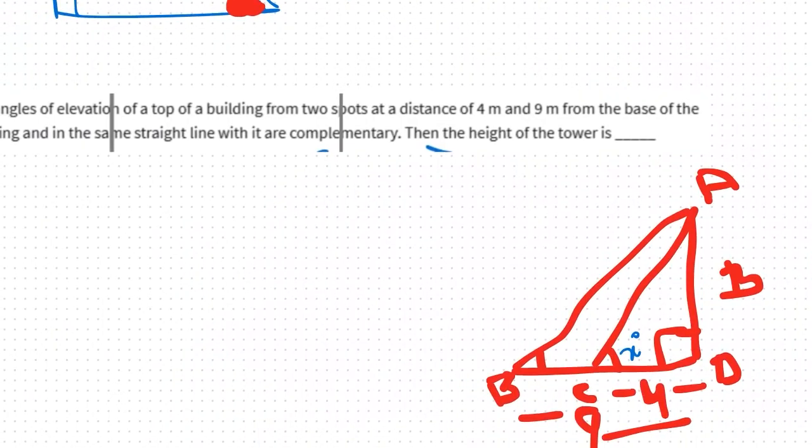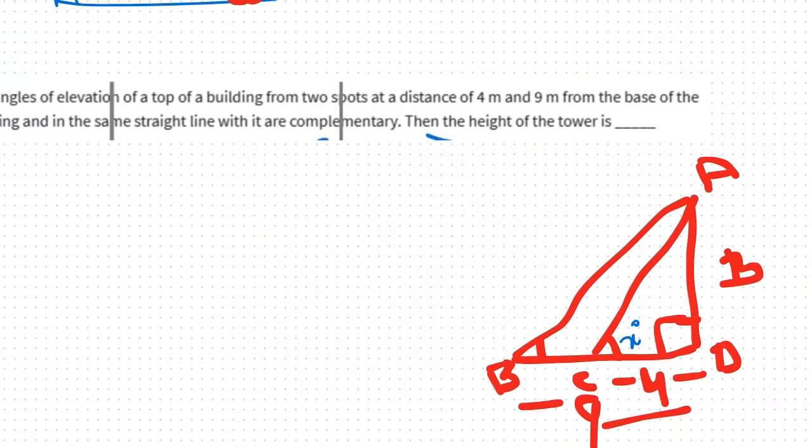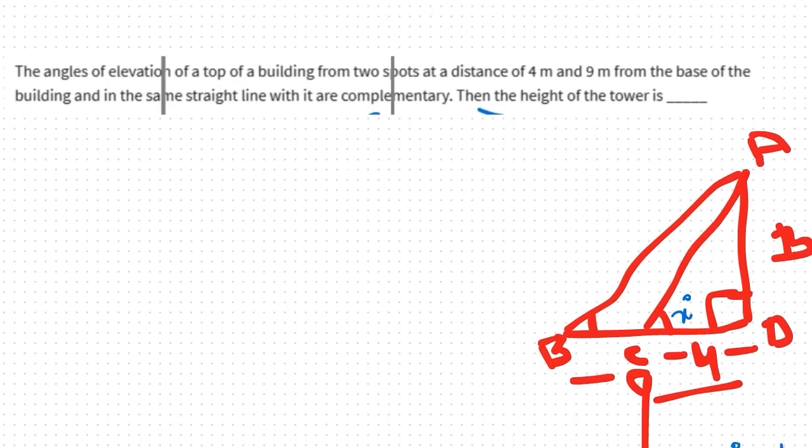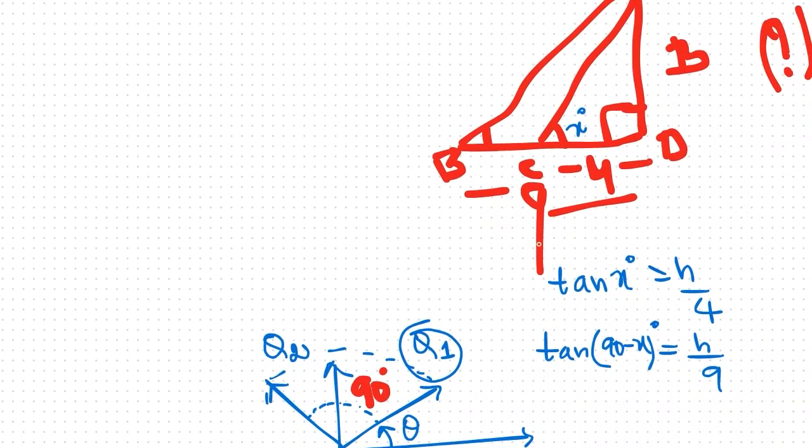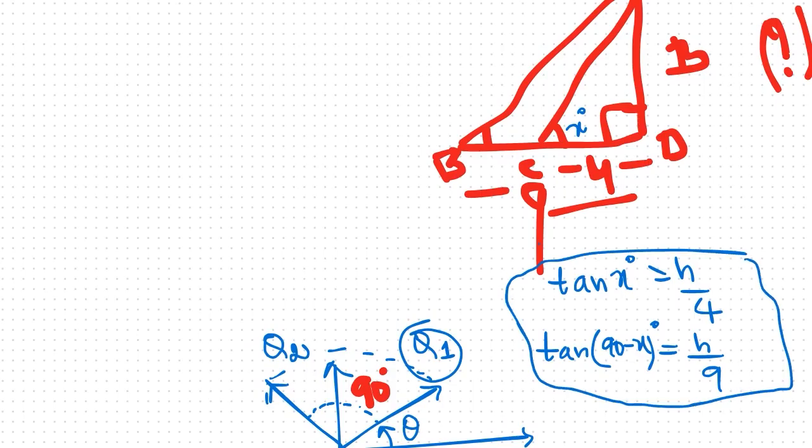This height of the tower question. Scroll up. So this is the relation we got, right? How can we make use of this relation?